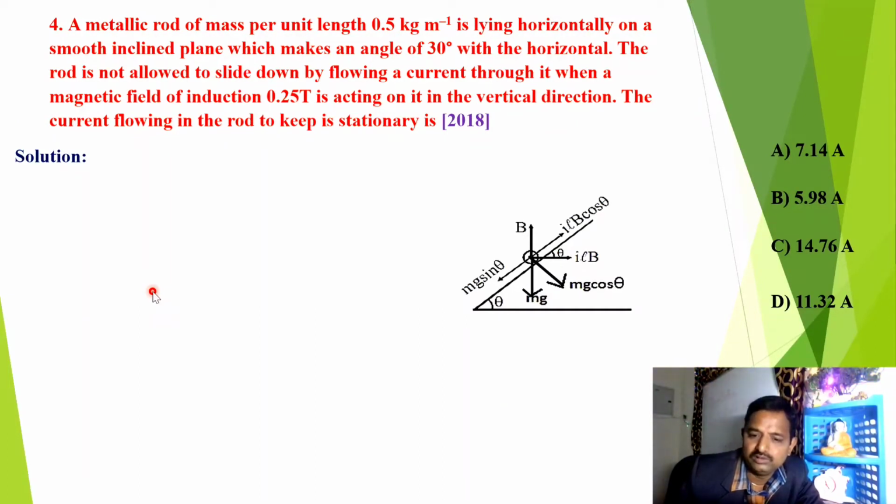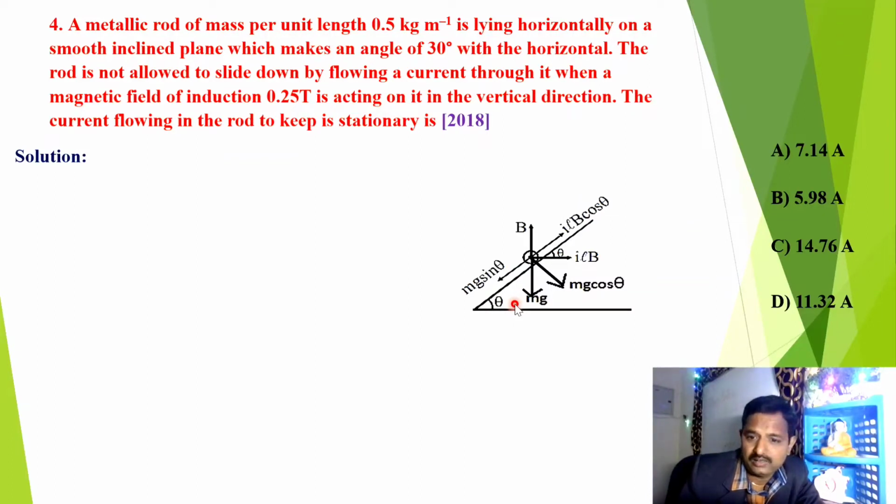First we will observe the diagram. Here, the rod is placed on an inclined plane, whose mass per unit length is given as 0.5 kg m^-1. The angle made by this inclined plane with the horizontal is theta, which is given as 30 degrees.